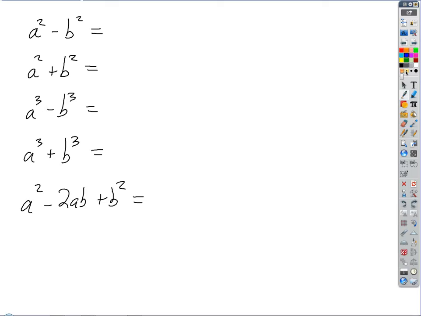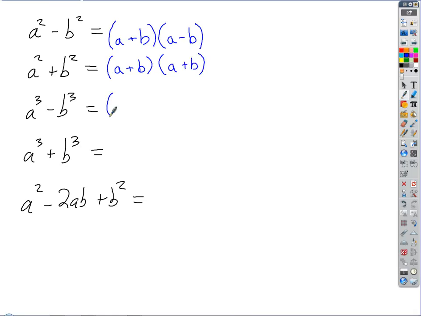I wrote them down on my paper because I did them. I think these are right. I'm not 100% on these.